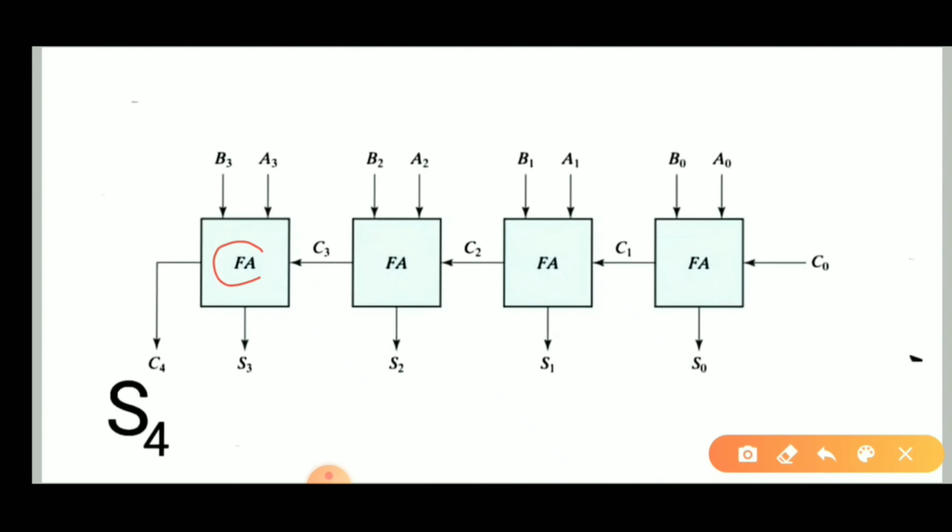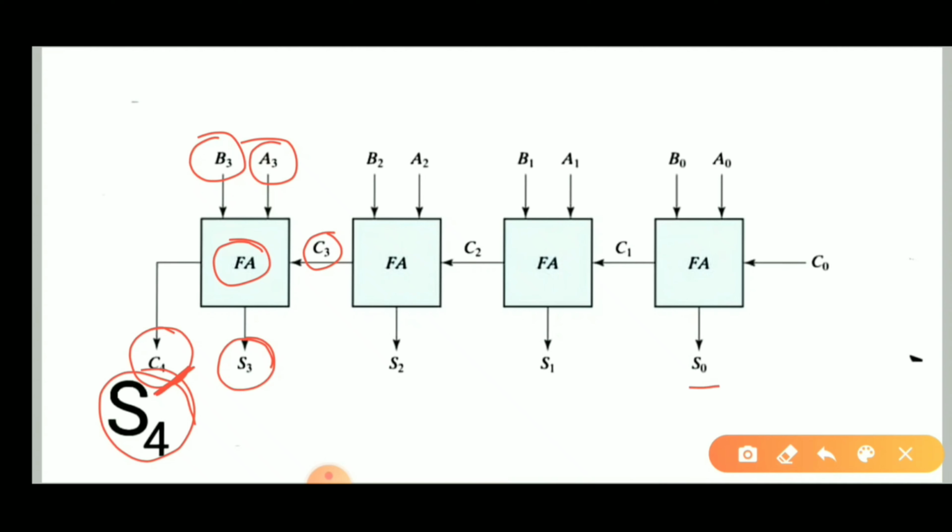In case of the fourth full adder, inputs are C3, A3, B3 and the outputs are S3, C4. This final carry C4 is considered to be S4. Now these S0, S1, S2, S3, S4 are called the sum of the given two numbers.